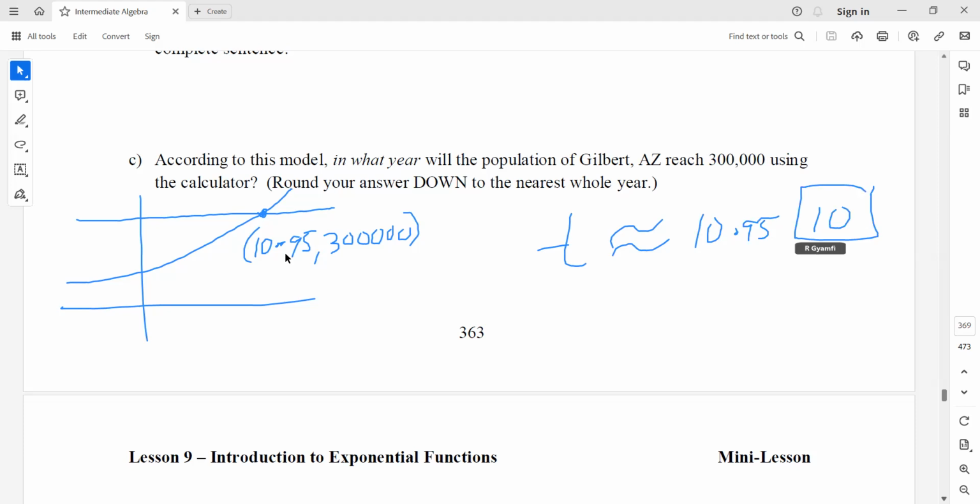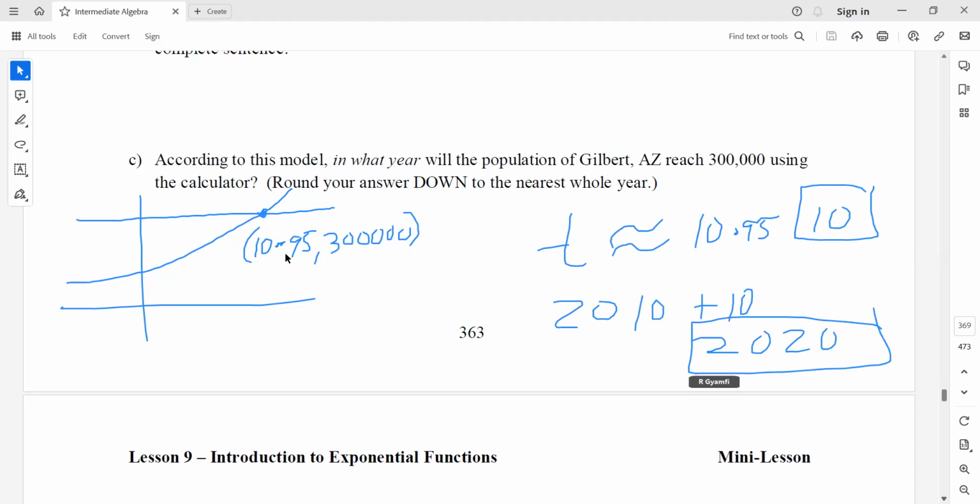Yes, because it's not up to 11 yet. You don't want to do 11, because if you do 11, it's going to be more than 300,000. So now let's start. So 2010, and then after 10 years, you are in 2020, right? 2020. So that's it for that.